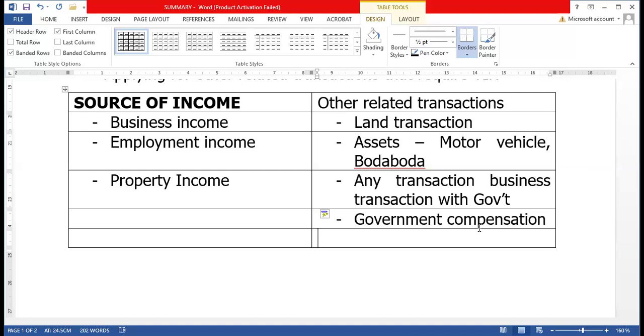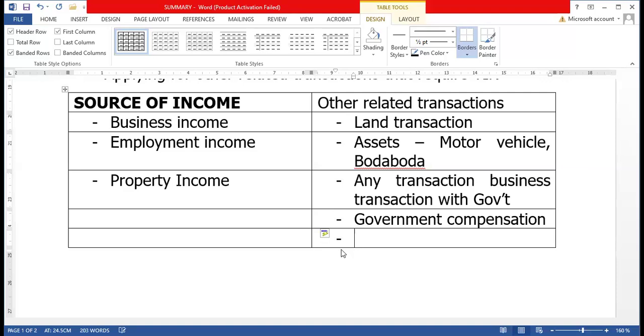People who whistleblow and are going to be paid. As long as the government is going to compensate you, you will need a TIN.